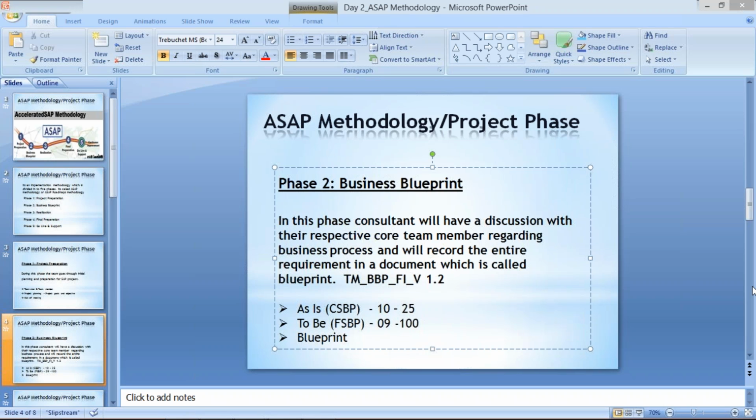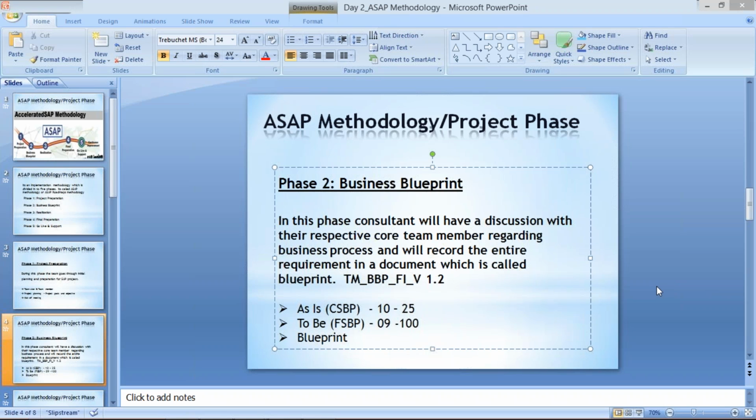Generally it doesn't happen, but if the scenario which I have specified occurs, then they are going to change. So every module consultant will have discussion. Yes, the client is going to appoint a core team member, a CTM, for every module.